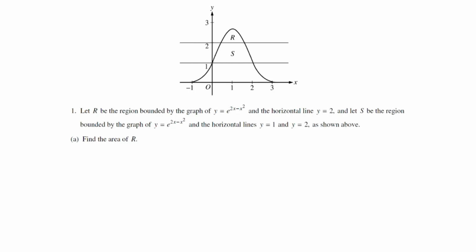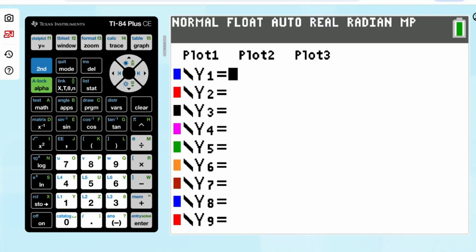So first we want to find the area of region R, which means we need to figure out, first of all, when does e to the 2x minus x squared equal 2? Now, we'll just use our graphing calculator here because this is a graphing calculator question. So I'm going to hit y equals.